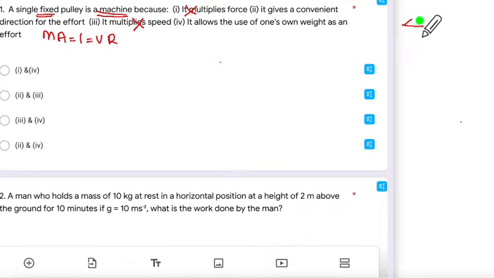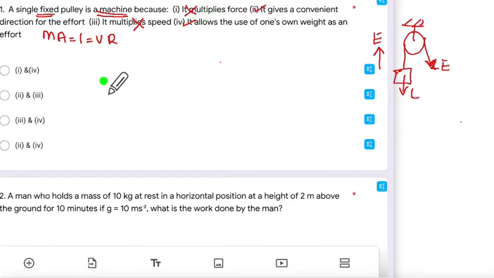If you have a single fixed pulley like this, this is your load, and if we were to lift the load, we would actually use the effort in vertically upward direction, but because of single fixed pulley, the effort is in a convenient direction. So this is correct, and also one can use one's own weight here. This is also correct. So the option is 2 and 4.